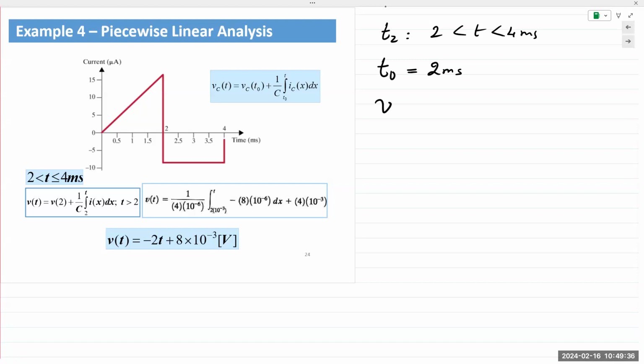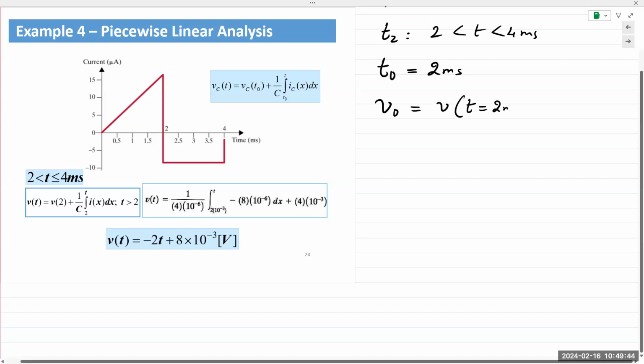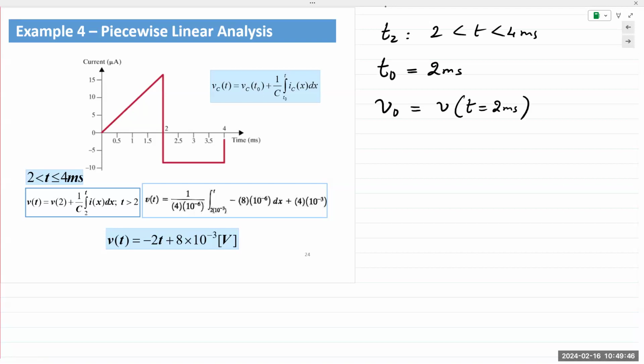So voltage at 0 for this would be the voltage of the capacitor when t equals 2 milliseconds. So it's not 0 for this time period, because for the second time period, there is a stored energy that comes from the first time period. Does that make sense to everyone? Right?